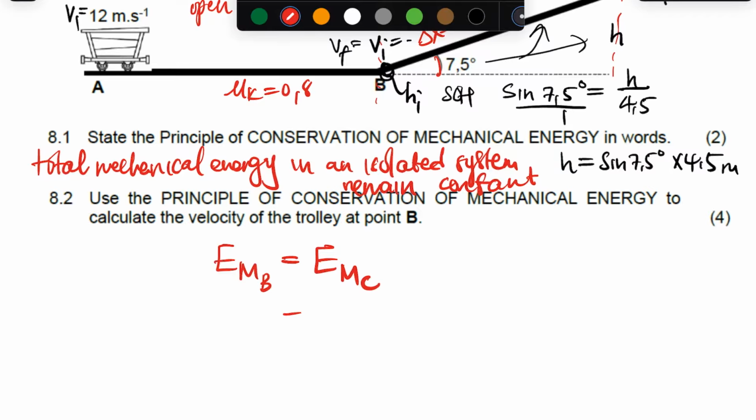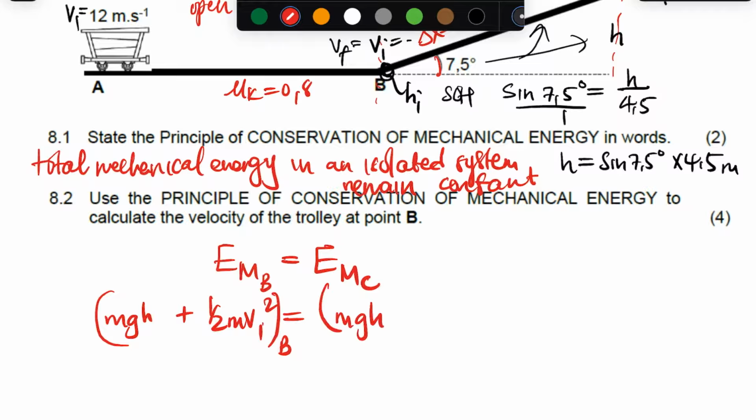So this velocity that we want, where is it? It's at B. So the gravitational potential energy plus the kinetic energy, which is half mv squared, this is at B. And then mgh plus half m v final at C squared.